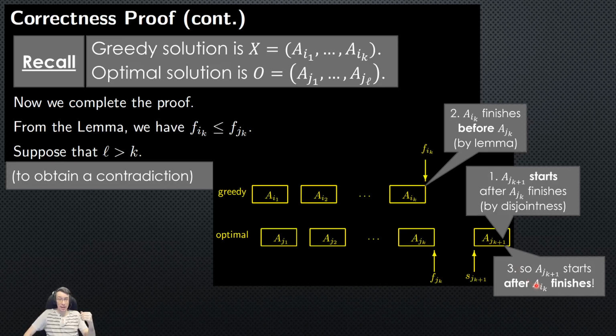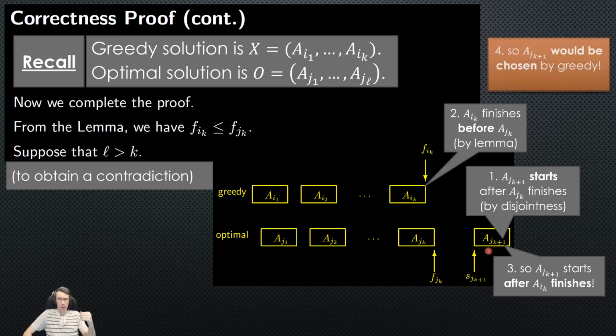Well, wait a minute. If this starts after this finishes, and this is the last interval in this sorted order by finishing times chosen by greedy, well, wait a minute. Greedy can choose this and obtain a feasible solution. So greedy would choose this. Well, if greedy would choose this, we know the greedy algorithm would choose this. And somehow greedy didn't choose this. That tells us that this interval can't exist.